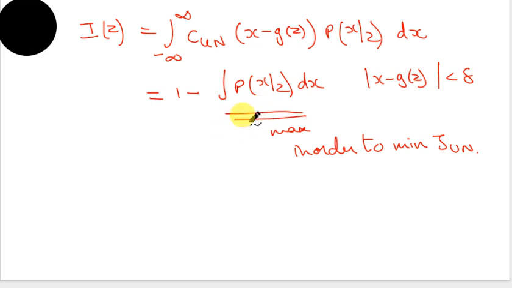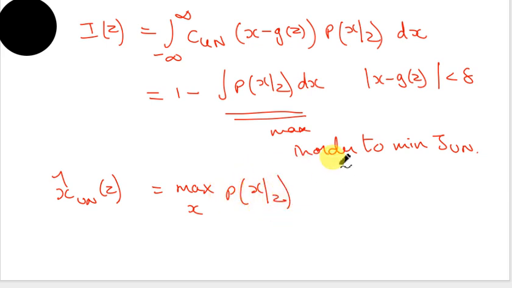So I would have my x cap UN of z would be the maximum of p of x restricted to z, and this is the x cap MAP of z.